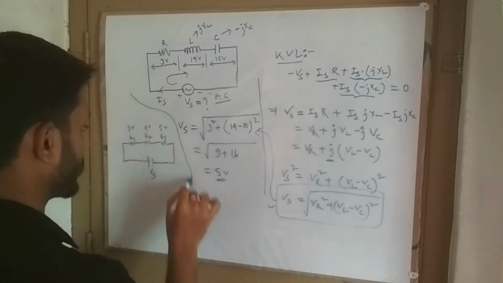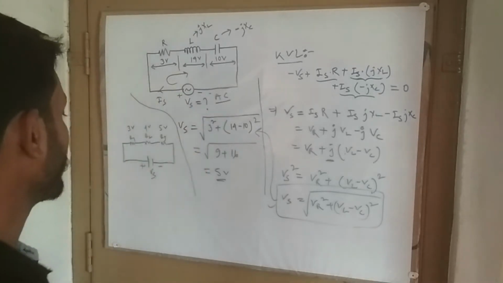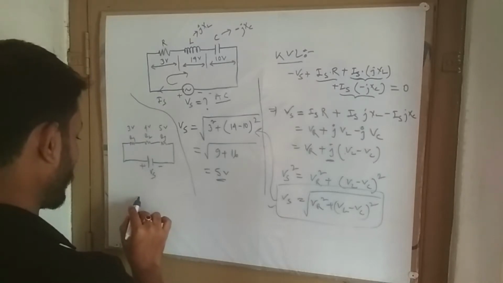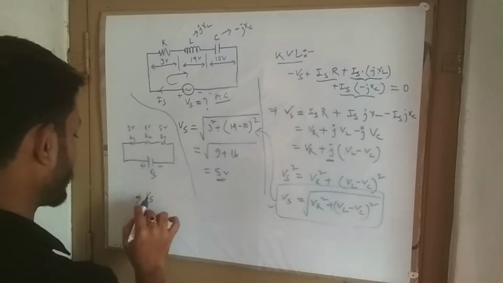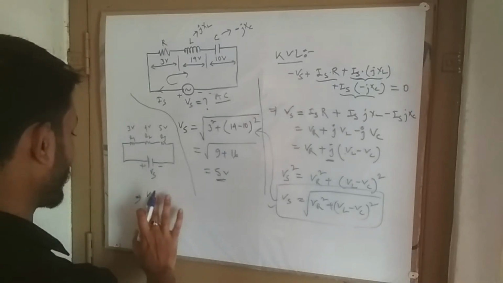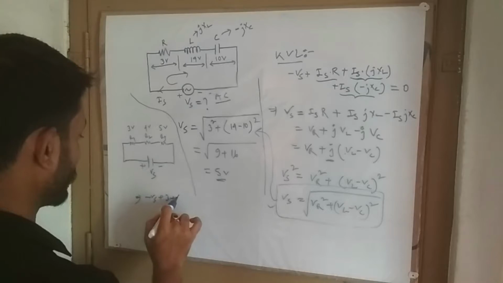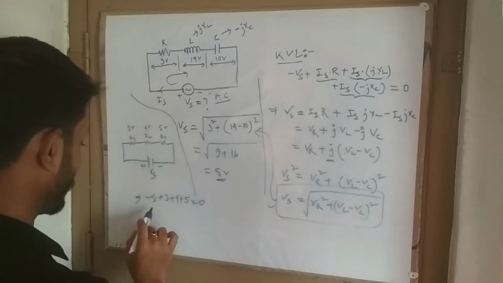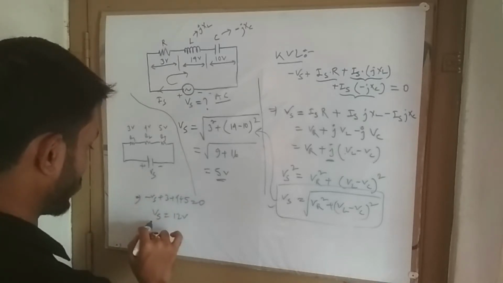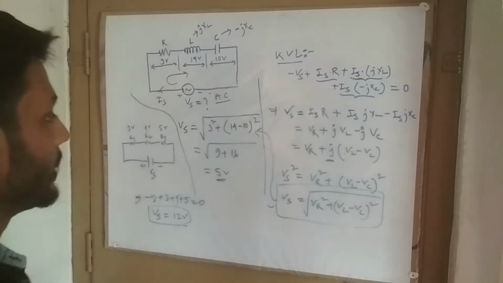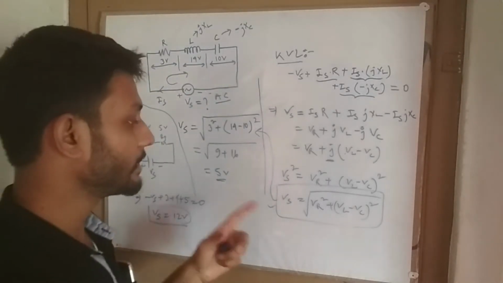Suppose, okay. Then, if the question will be the same, in this case, the answer will be very easy. As the supply voltage is DC, then by the same KVL, minus Vs plus 3 plus 4 plus 5 volt equal to 0, then Vs will be 12 volt total. It is very easy, but in case of AC supply, you have to calculate in this way.